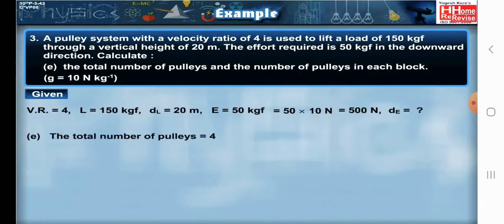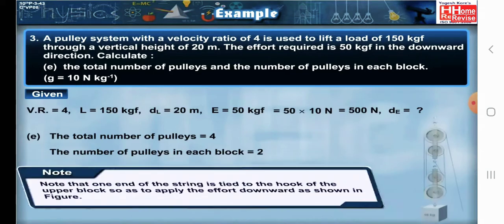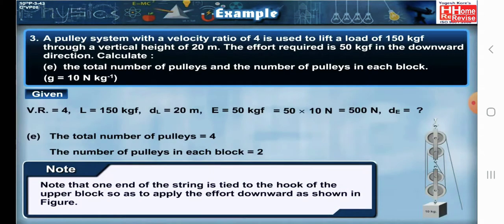E. The total number of pulleys is equal to 4. The total number of pulleys in each block is equal to 2. Note that one end of the string is tied to the hook of the upper block so as to apply the effort downward as shown in figure.